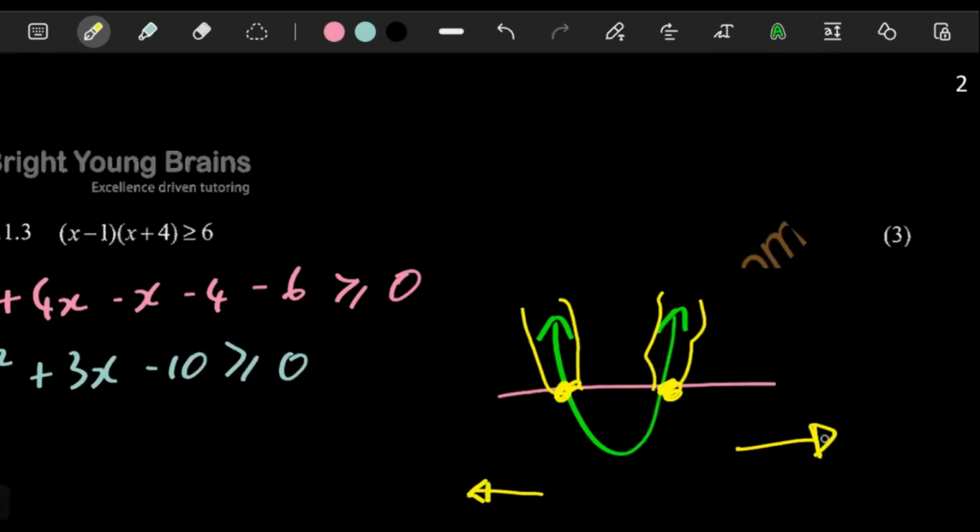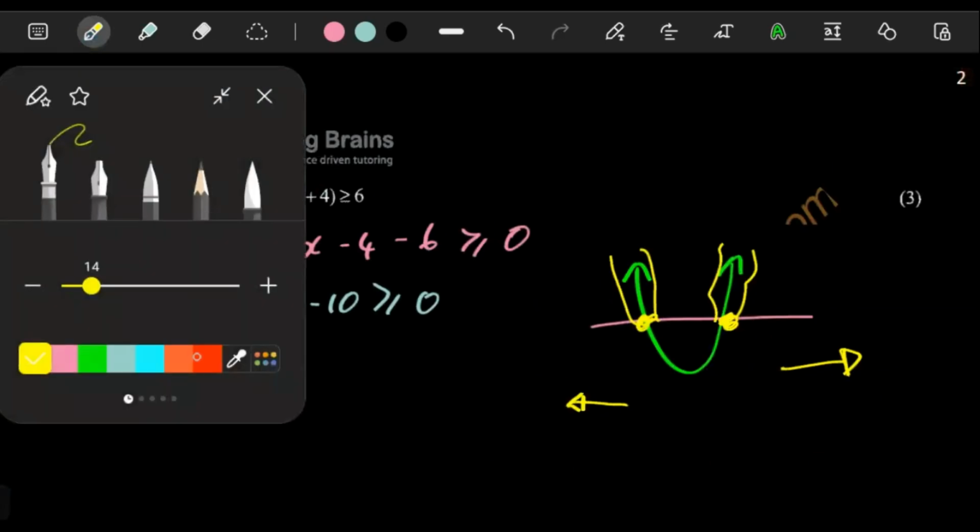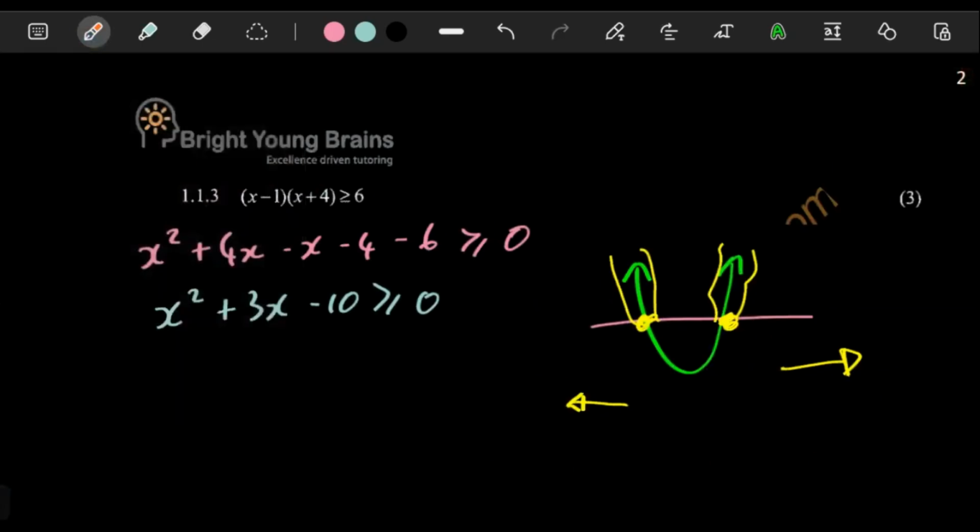So keeping that in mind, you need to keep in mind that moving forward, 10, you need to work out what this is, and you need to work out what this is. So factors of 10 that give you a 3, it's just 5 and 2. So there's like 5 here and 2. There's like x here and x here.